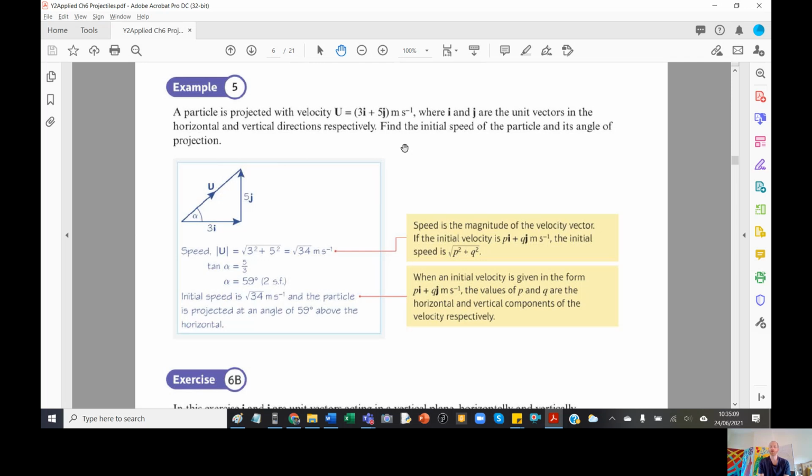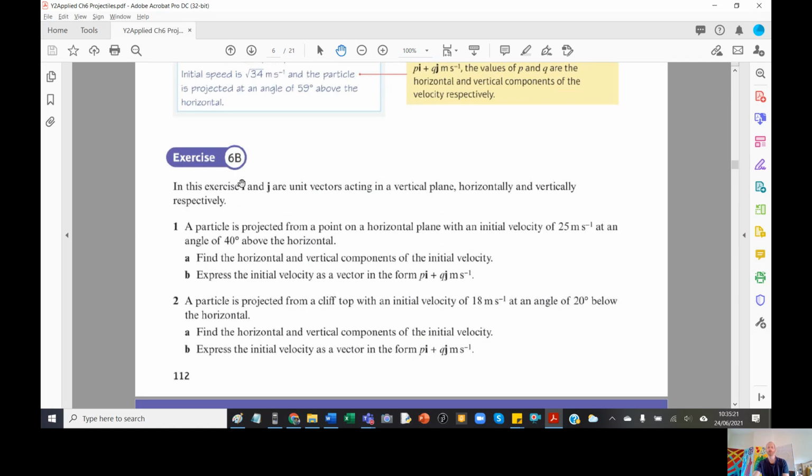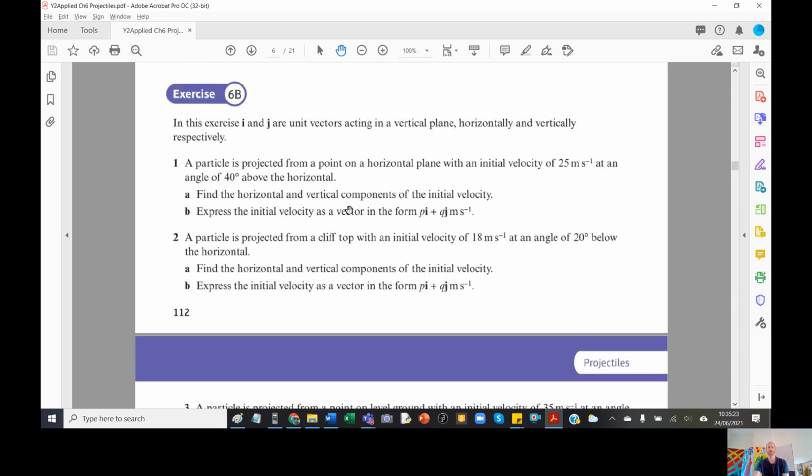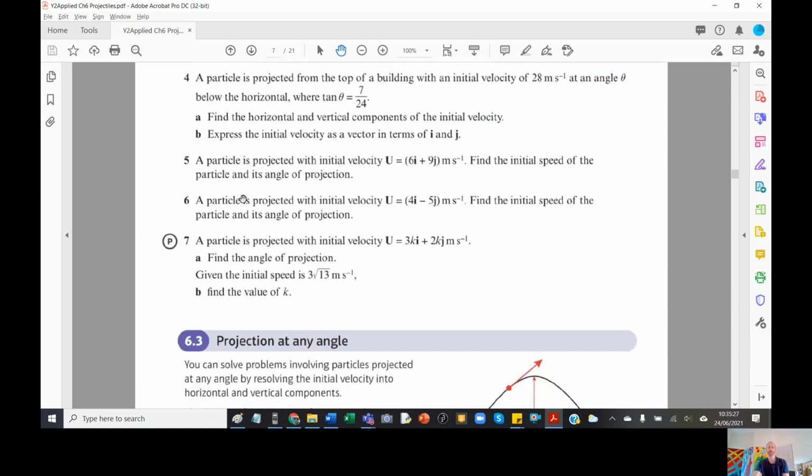Typically, when you're given actual information for a real projectile motion problem, it'll be, well, here's the speed and here's the angle, and it's your job to figure out the I and J components, or the horizontal and vertical components. But if you're given something like exercise 6B, where they give you a particle projected with velocity which is already given in vector form, then basically you can read those off and say, aha, the horizontal speed is 4 at the beginning and therefore all the way through.